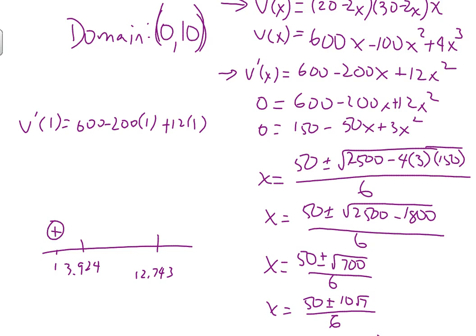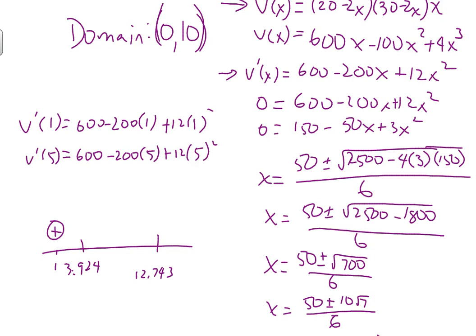Now, plugging in a number between 3.924 and 12.743, I'm going to pick, say, 5. Putting in 5, I get 600 minus 200 times 5 plus 12 times 5 squared.